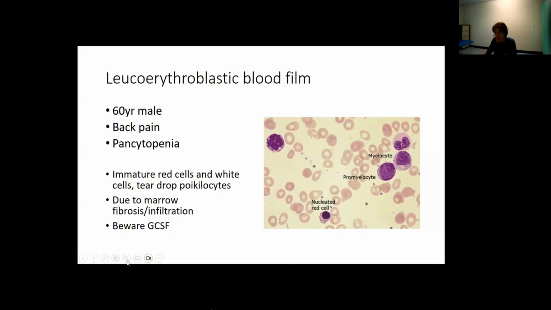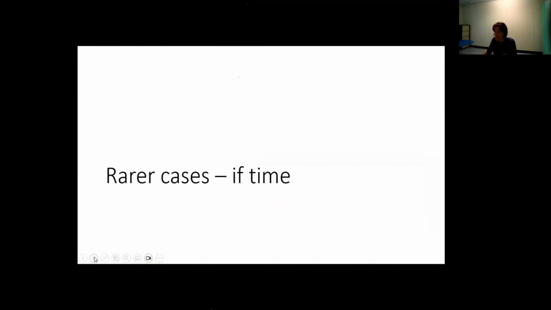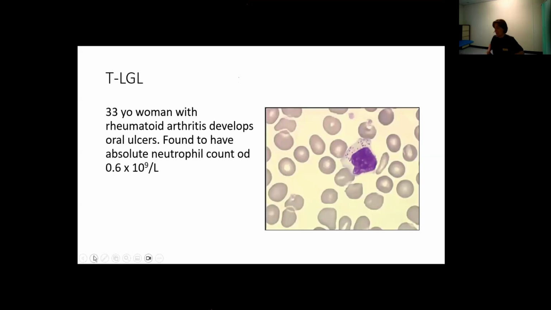Great. Okay, so you'll recognize the photograph from before on this one. We sometimes see these patients. This is a 33-year-old lady with rheumatoid arthritis who developed oral ulcers, and on further testing was shown to have a very low neutrophil count, and then on her peripheral blood had a lot of these cells, and she ended up having large granular lymphocytosis, or a large granular lymphocytic leukemia.